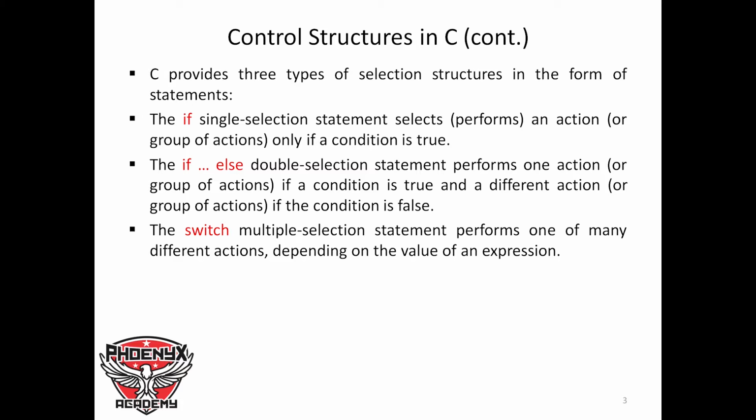The other one is the double selection control structure, the if else, which performs one action if a condition is true and another entirely different action if the condition is false. The third selection control structure is the switch, the multiple selection statement, which performs many different actions depending on the value of an expression.